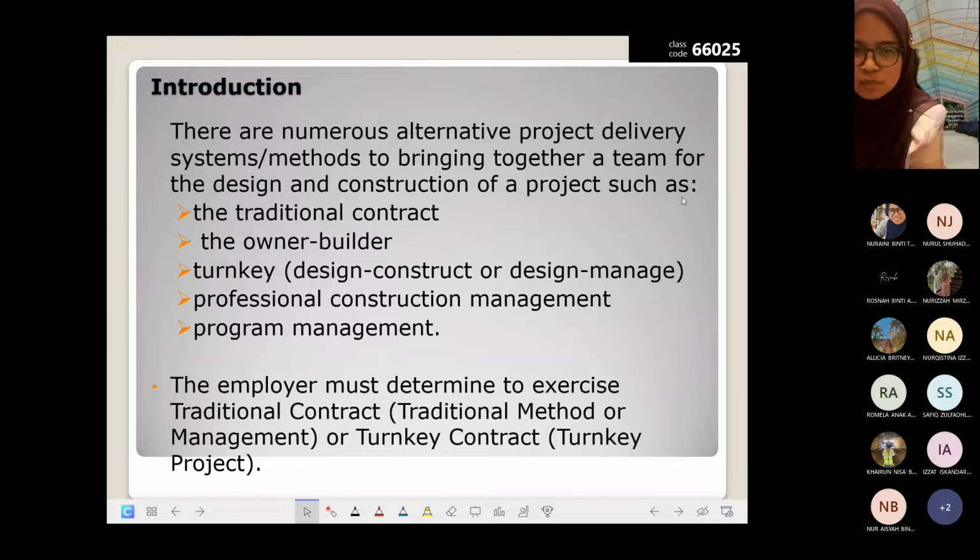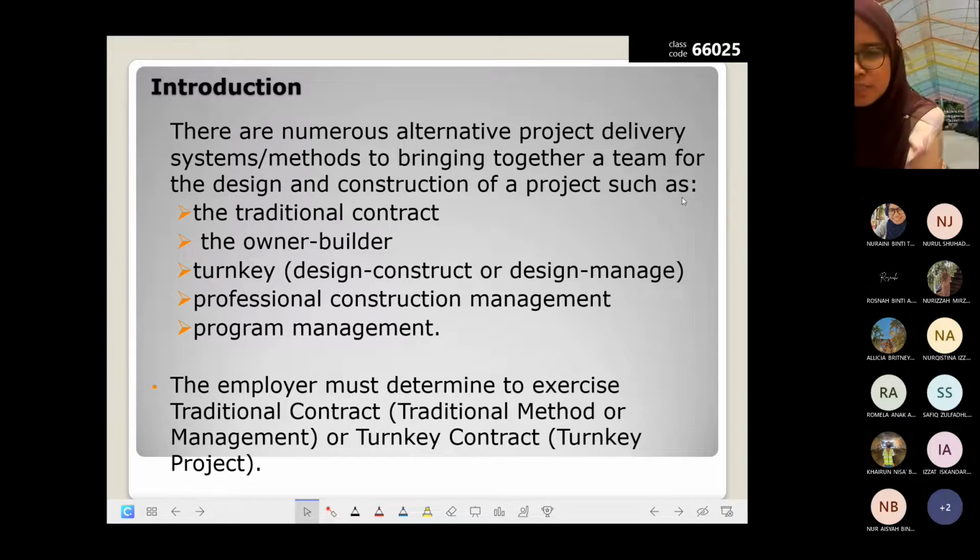Okay, there are alternative project delivery systems to bringing together a team for the design and construction of a project, such as we have a traditional contract. Okay, owner as a builder. Owner as builder tu contohnya dia developer and dia ada team untuk construction part lah. So owner and the builder.